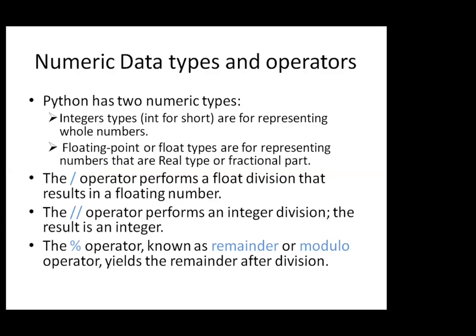Plus and minus are also used in unary operations: if there is only one number in the expression, they indicate the sign of the number, whether it is negative or positive.